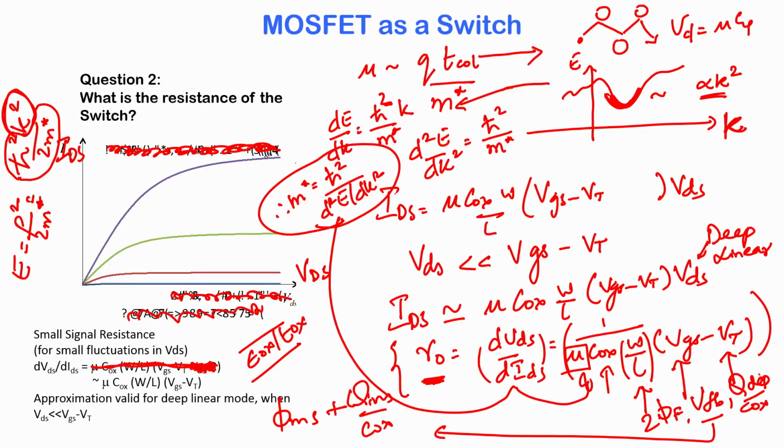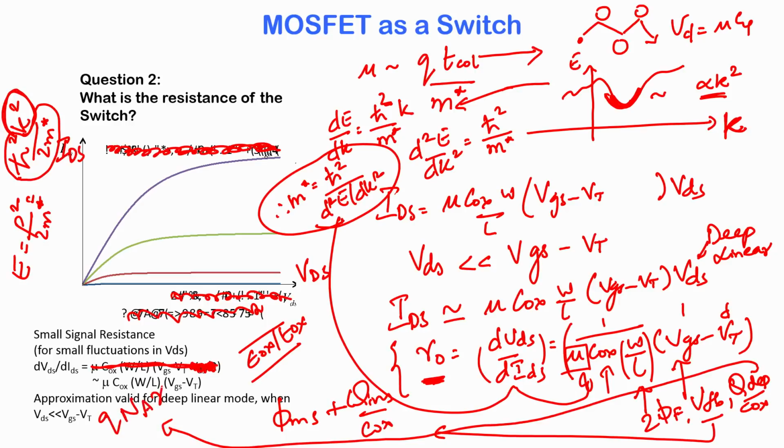And what does Q depletion depend on? Q depletion depends on Q Na XD, sorry, it is a very crowded slide here. It depends on Q Na into XD, and what is Na?